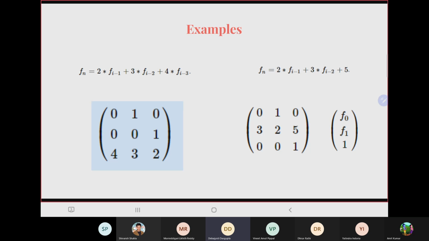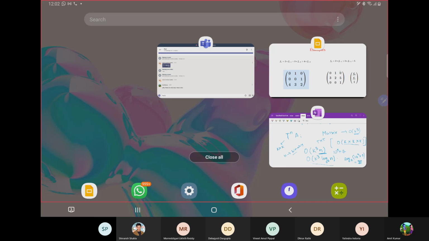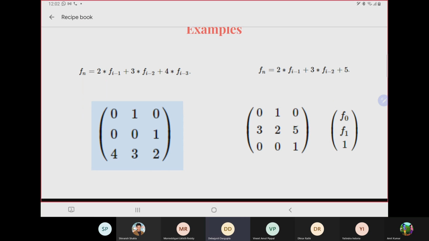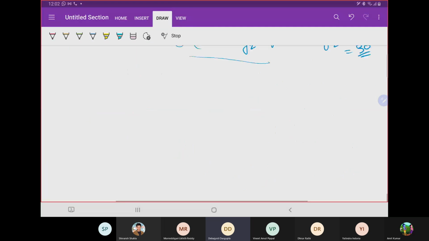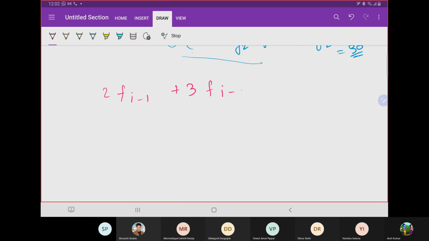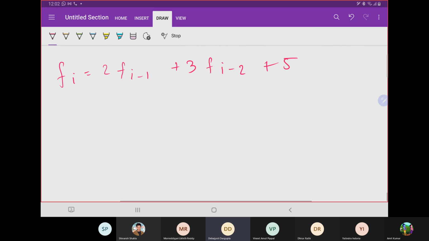Now, I will come to the case when there is a constant available. I will give this example: f of I is 2 into f of I minus 1 plus 3 into f of I minus 2 plus 5. We need to compute this. So what will be my transformation matrix?